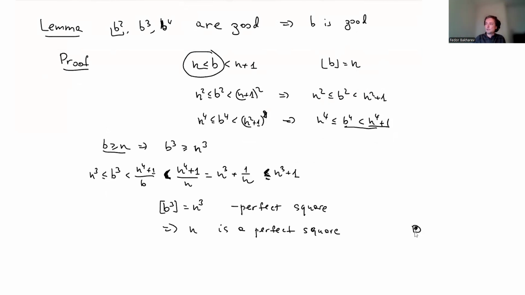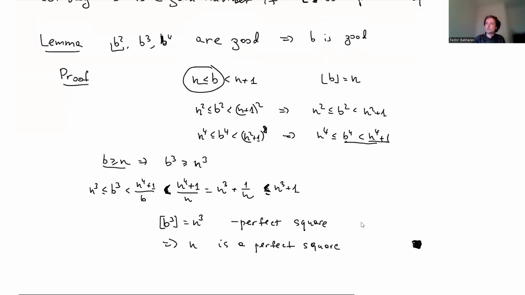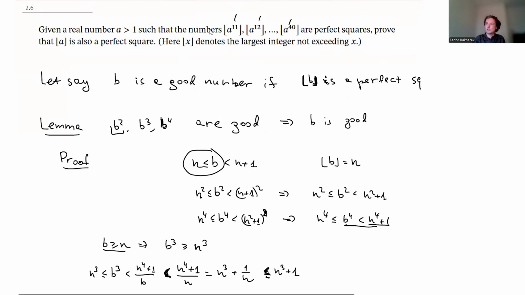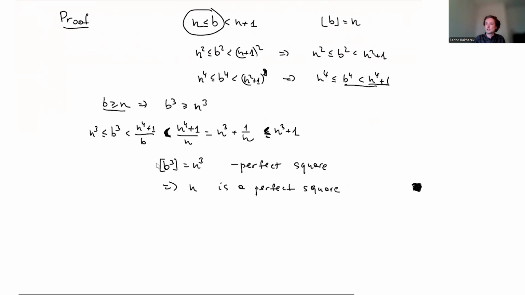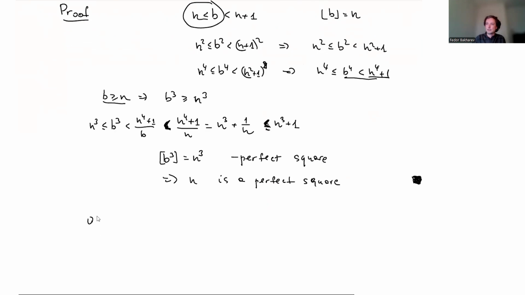And now we just have to use this lemma to prove the main problem. So we know that these numbers are good, and among these numbers we have these guys.